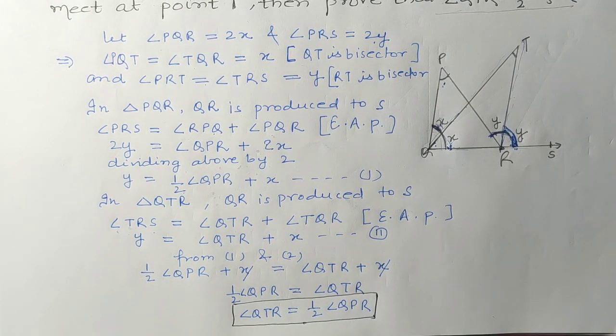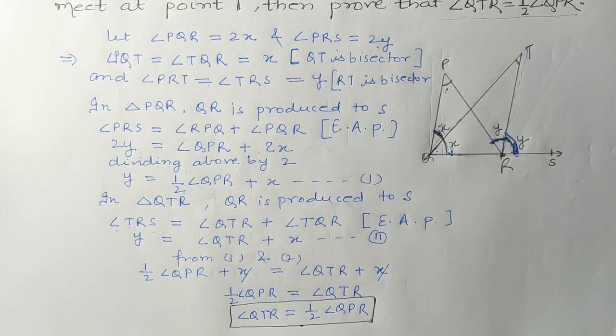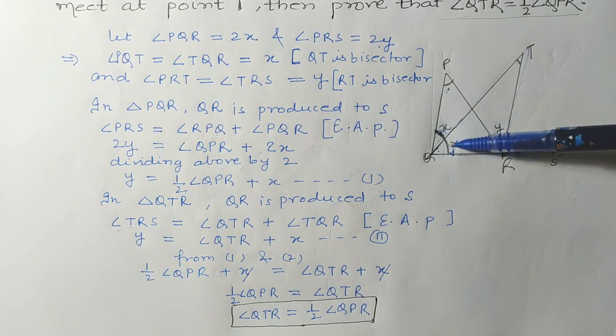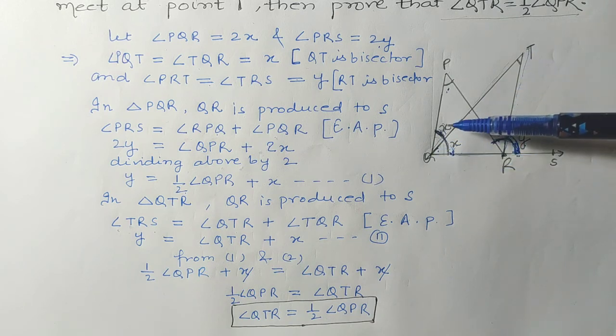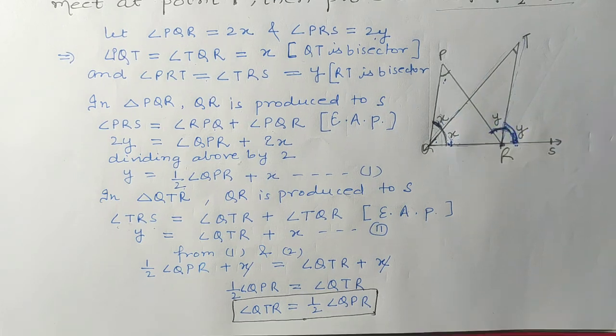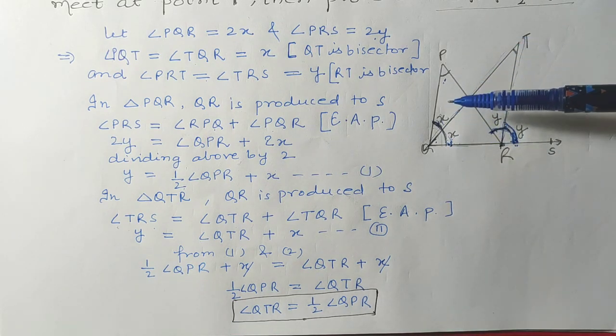Once again you can see how we have proved it. Firstly, we assumed this angle as 2x and this angle as 2y. Since QT and RT are the bisectors, this angle is divided into x and x, and this angle into y and y. After assuming this, we applied the exterior angle property.